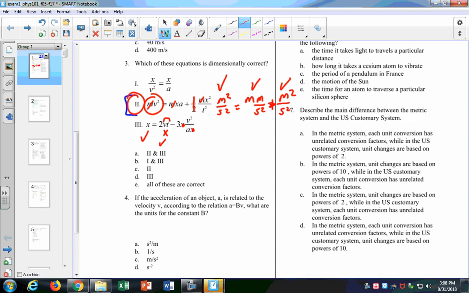Is v squared over a of units of meters? Let's take a look. So v squared is meters per second squared, and then over a, that would be second squared over meters. It helps to write it out, so make sure that you write these things out. Don't just try to think of it in your head.